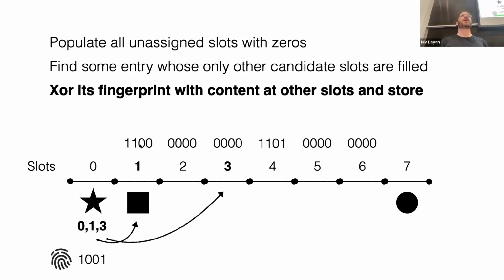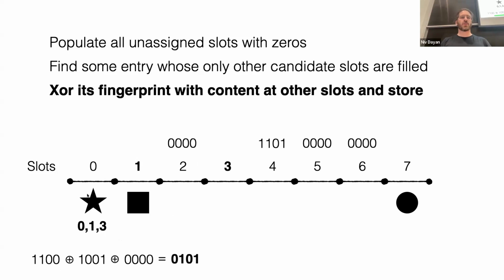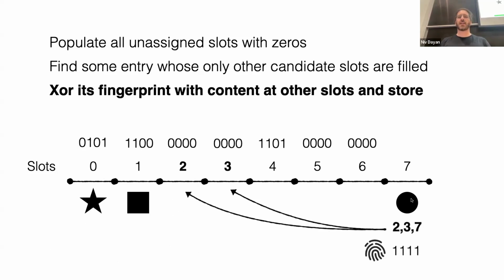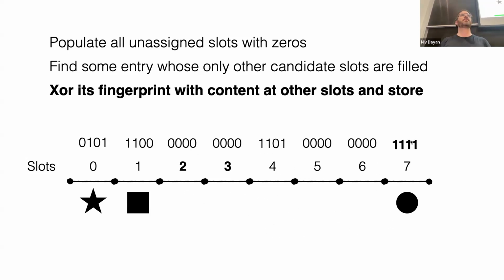And again, that means that if I want to search for the square, I go to the 3 random locations, XOR them to derive the original fingerprint. I continue doing this. I'm now doing it for the star, XORing it, deriving the set of bits, storing it back here. And then for the last entry, I'll read those 2, XOR them, and store that at 7.